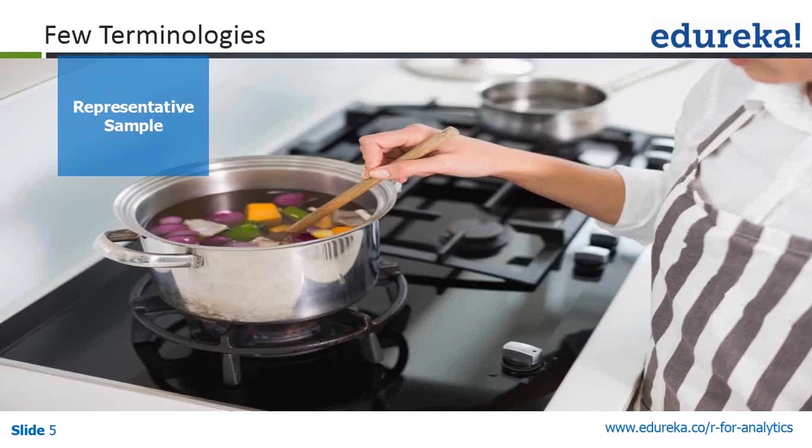So assume that you are preparing a soup, or maybe your wife or your mother is preparing your soup. When you are supposed to check whether the soup is fine, in other words, whether the necessary salt has been added and so on, you take a teaspoon of the soup that is being prepared, and you assess whether the soup is good for serving. Is it fine, right?